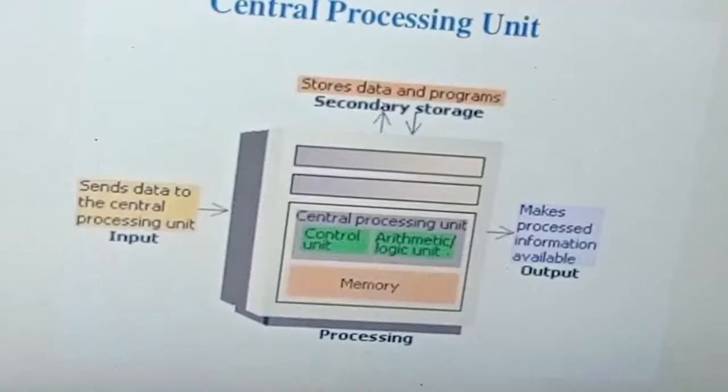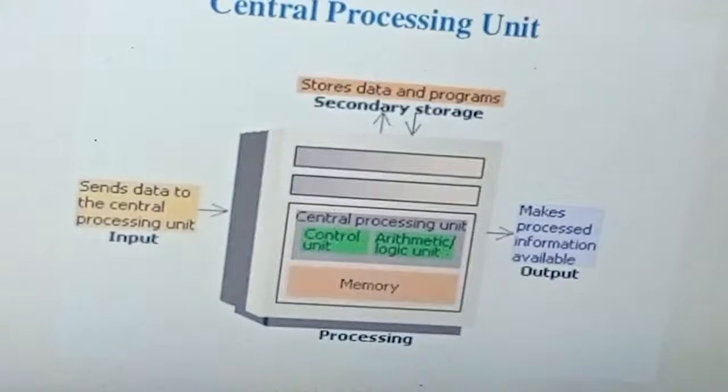The second step is that it decodes that instruction and directs the necessary data to be moved from memory to the arithmetic logic unit. These two steps are together called instruction time.